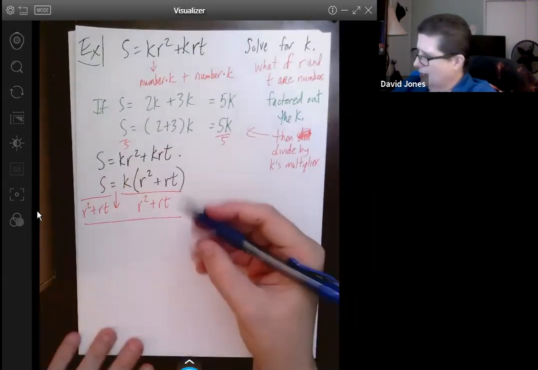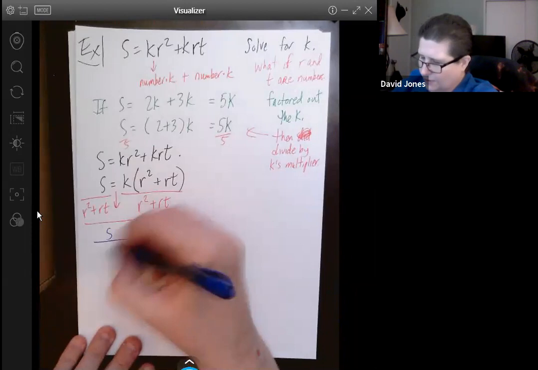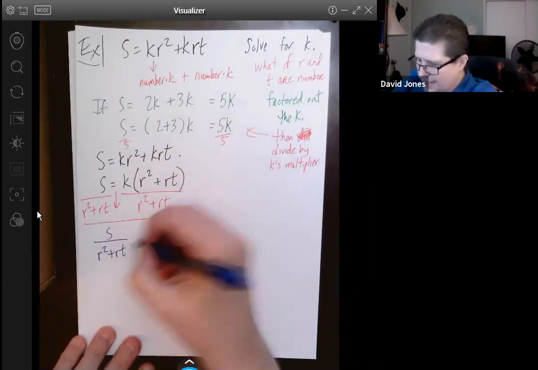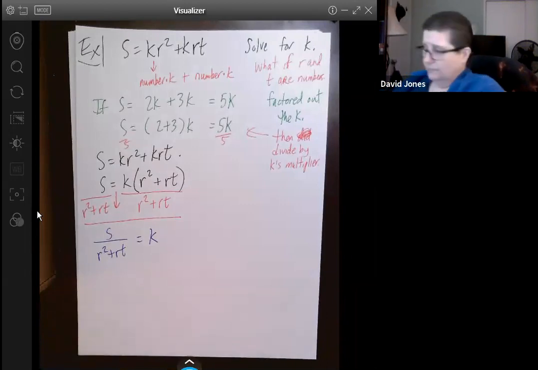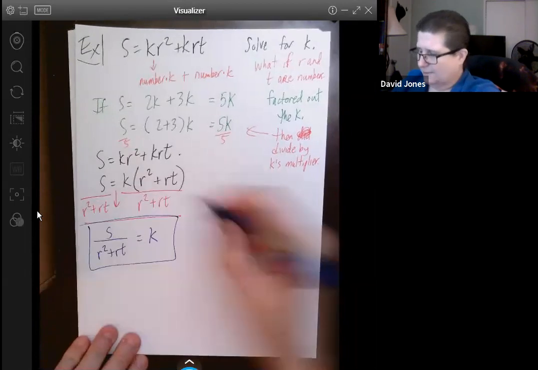And I get s over r squared plus rt equals k. That's solved for k.